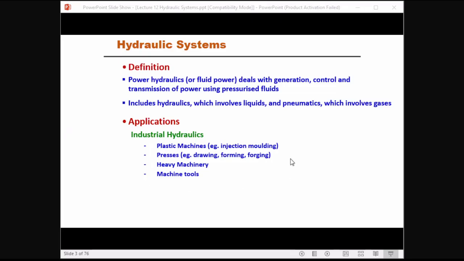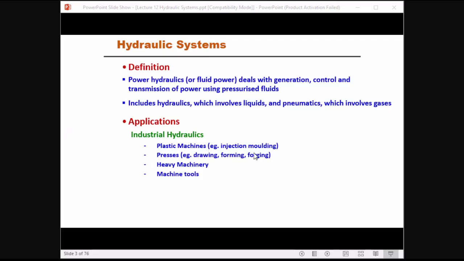Here you can identify some applications using hydraulic systems. For industrial applications, you can identify plastic machines.